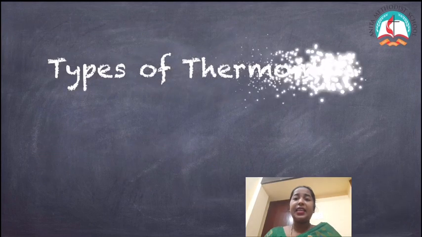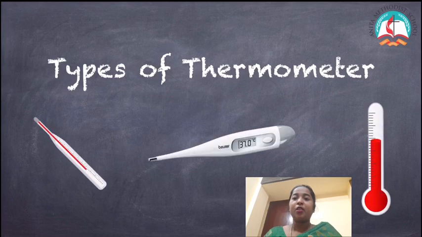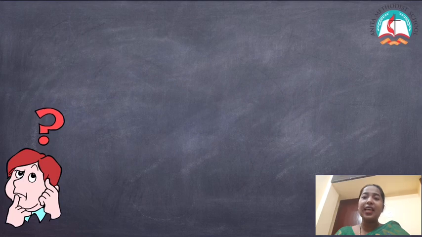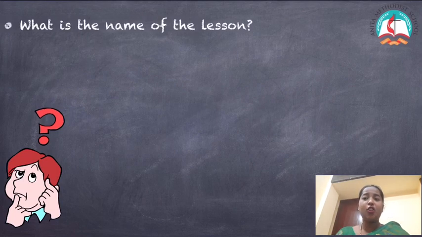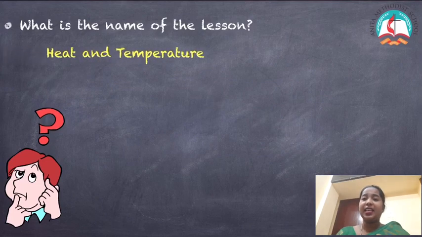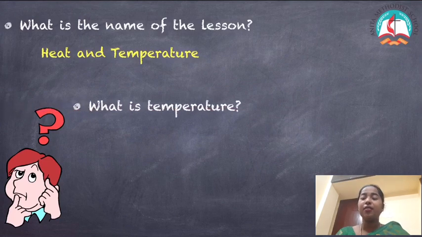Today's lesson is about types of thermometer. Before we start the class, shall we do a recall about the previous class? What is the lesson we have seen in the previous class? Yes, it is heat and temperature. Do you know what is temperature?